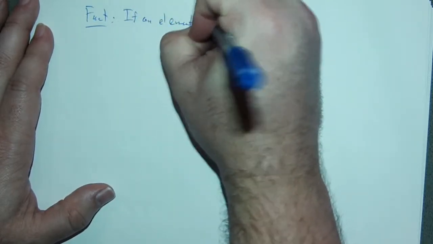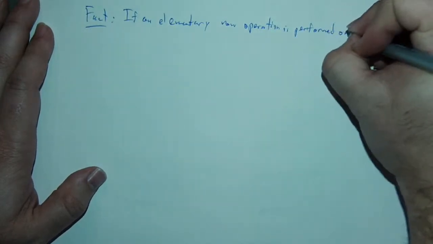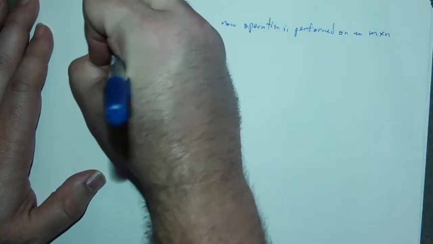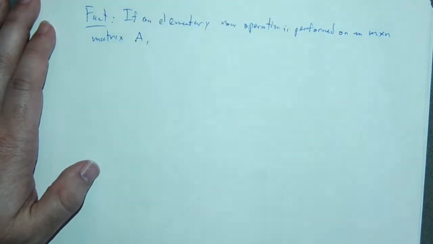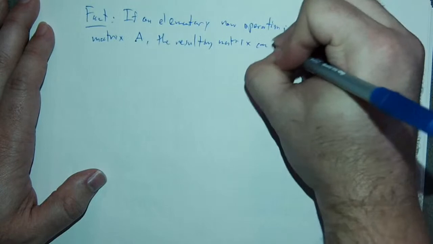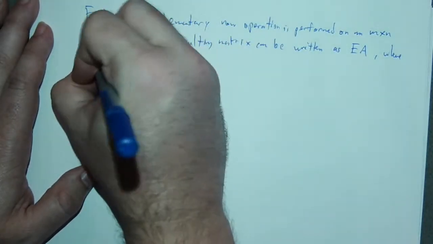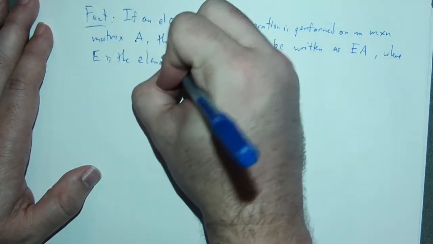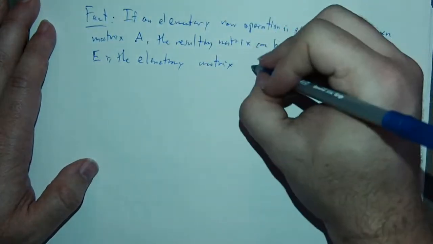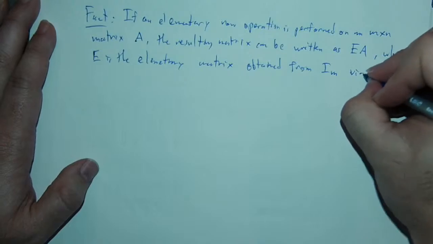Okay, so this leads to the following fact. Fact: if an elementary row operation is performed on an m by n matrix, you can actually do it even more generally, we'll say A, the resulting matrix can be written as E times A, where E is the elementary matrix obtained from the m by m identity via the same operation.